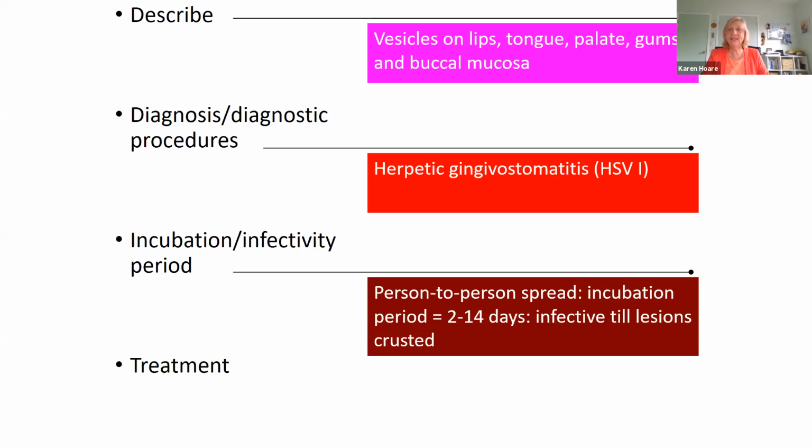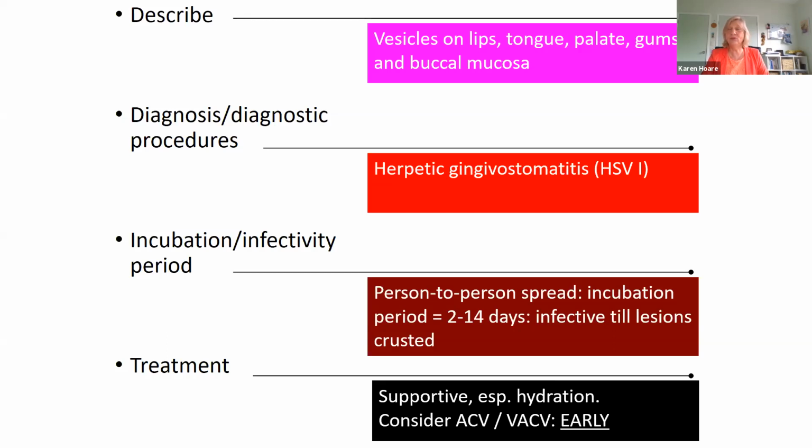It's infective till lesions are crusted, and unfortunately it's very supportive. Babies do have to go into hospital with this because they can't drink. If you catch it early, you can give acyclovir or valacyclovir, but only if it's within the first 48 hours of the first tiny little vesicles presenting.